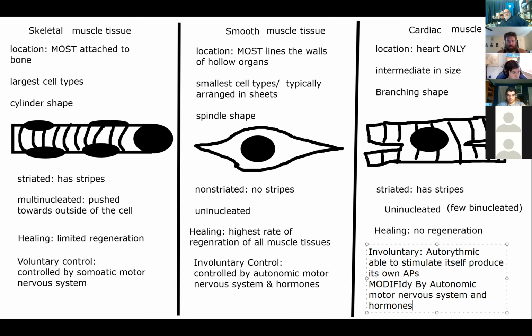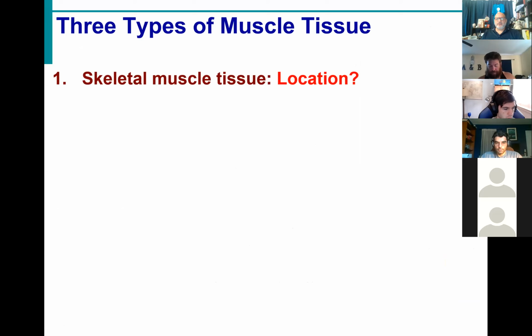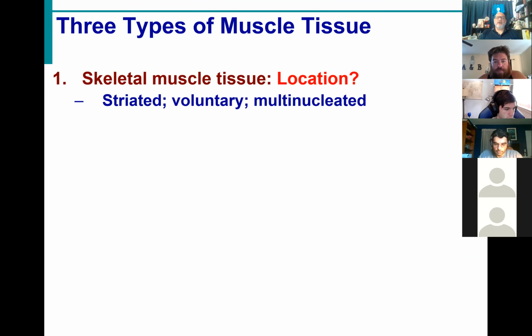All right, let's put this all together. We've done it here with all the pretty words. Let's look at all the pretty pictures. Skeletal muscle. Where do we say it was located again? Mostly connected to bones, absolutely. We know it is striated, meaning it has stripes.